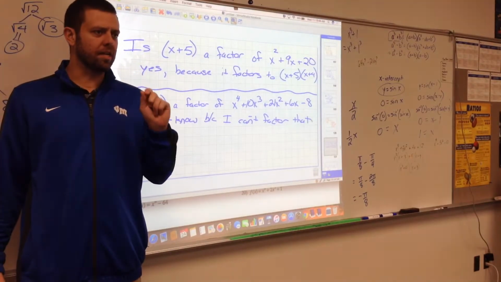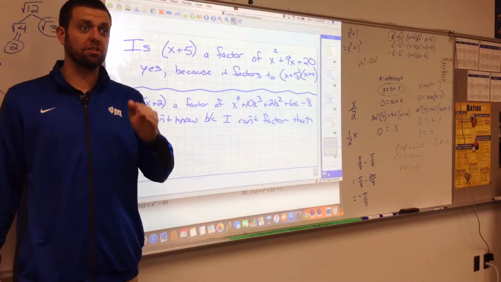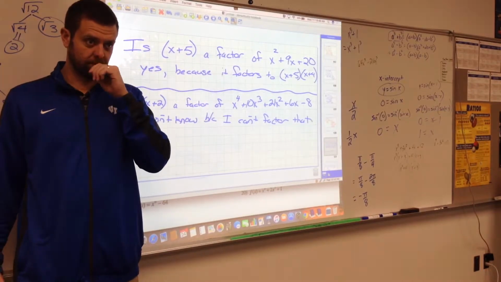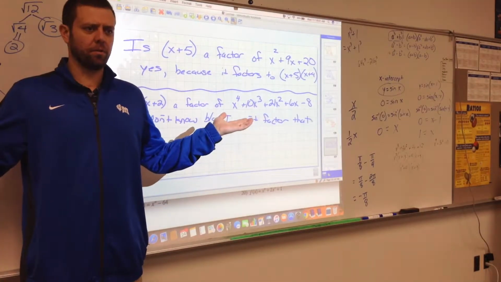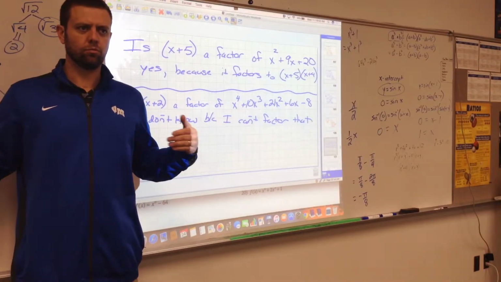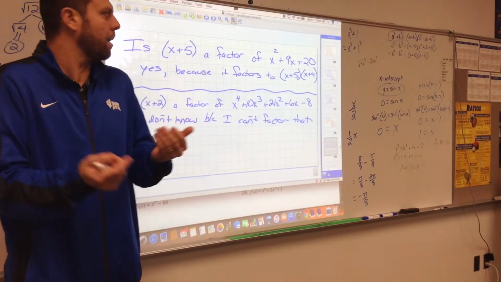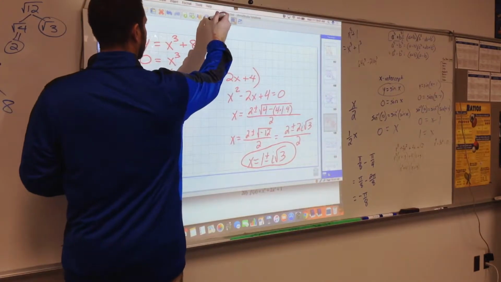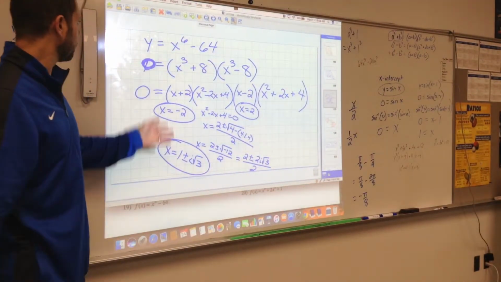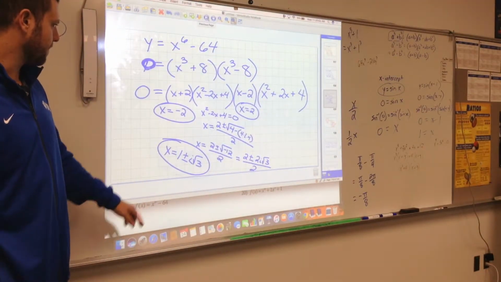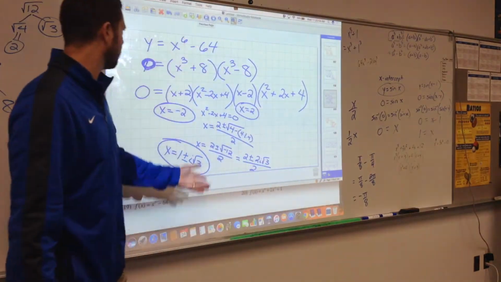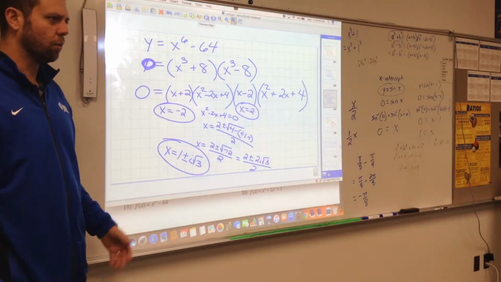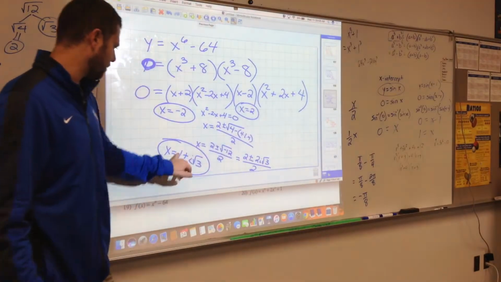Do you remember the connection I asked us to make between zeros and factors? What is a zero, by the way? Like when we found all the zeros here, when we found the zeros to this, this is a zero, this is a zero, those are both zeros.